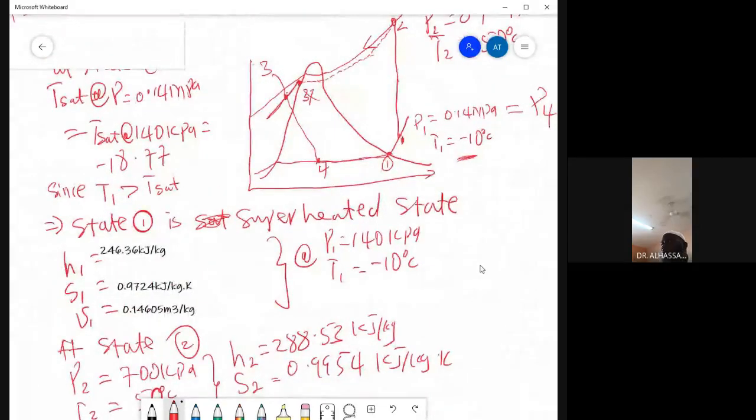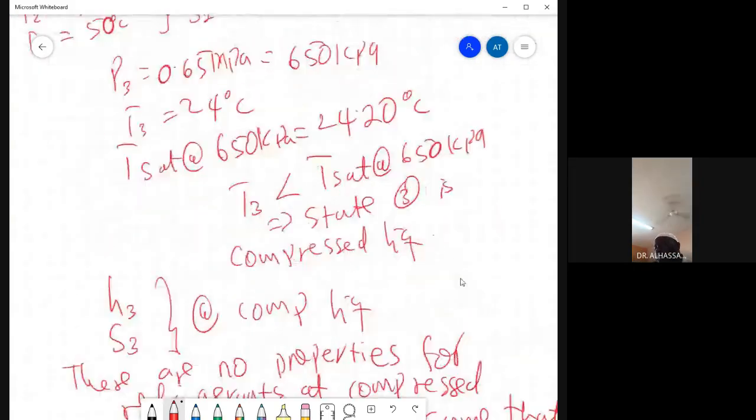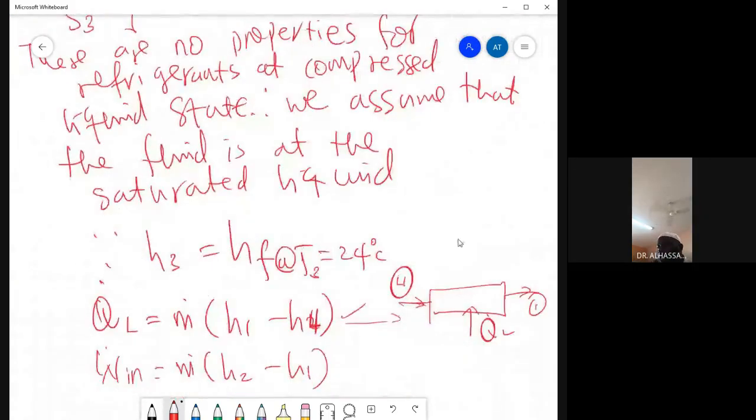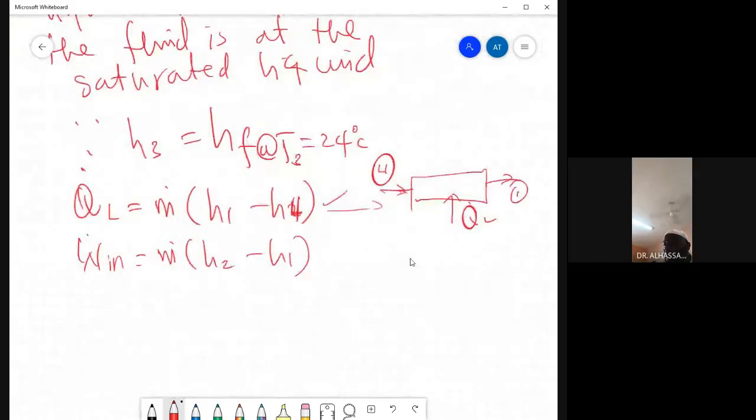For all throttle valves, H3 is the same as H4. It's very difficult to determine H4 directly, but the moment you find your H3, it will be the same as H4. So that's the easiest way by which you can determine your H4. H1 and H2 you know already, so you can easily calculate.